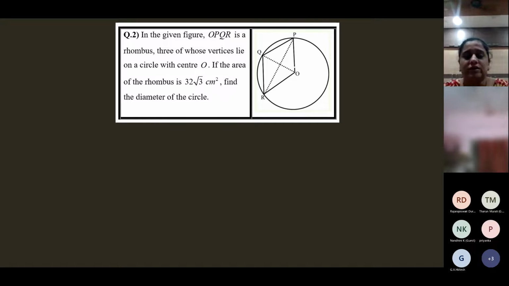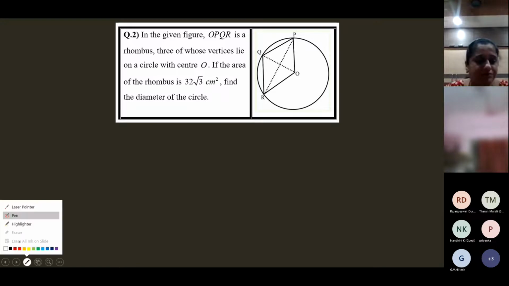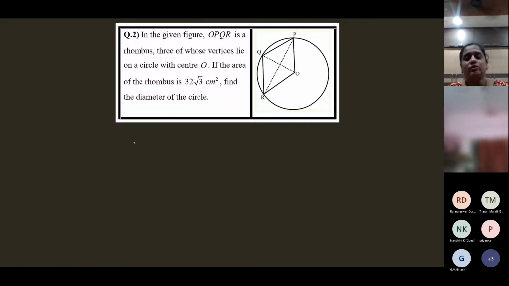Now we are going to prove that OPQ is equilateral. We are also going to prove that ORQ is equilateral. See the triangles OPQ and ORQ.